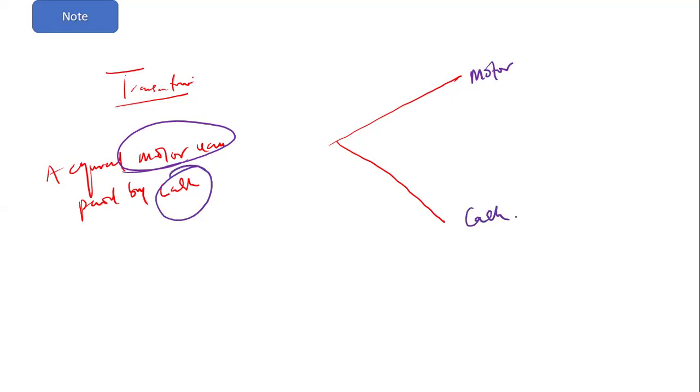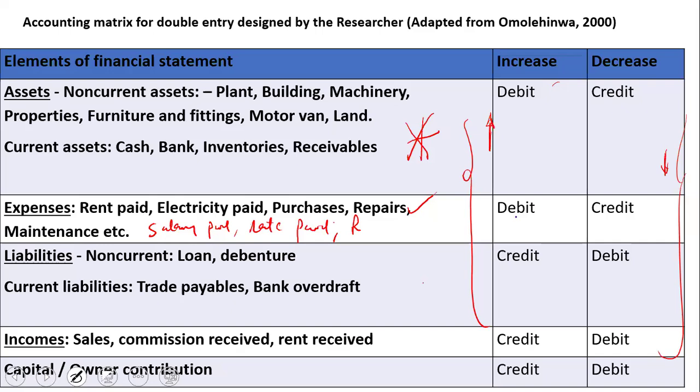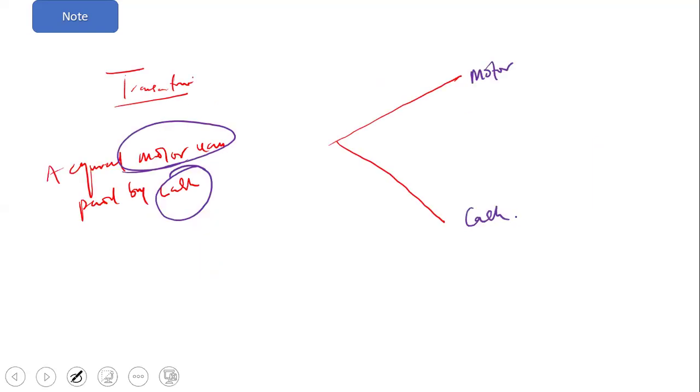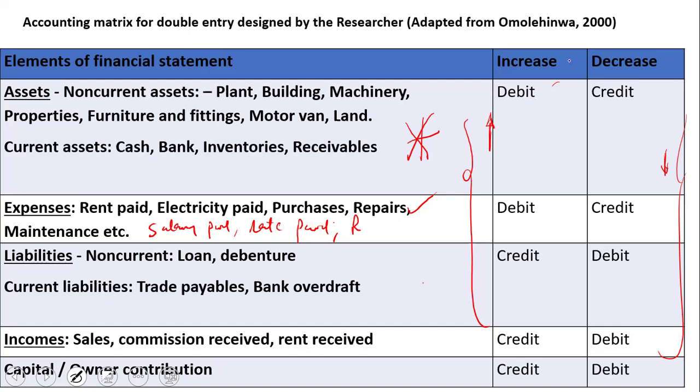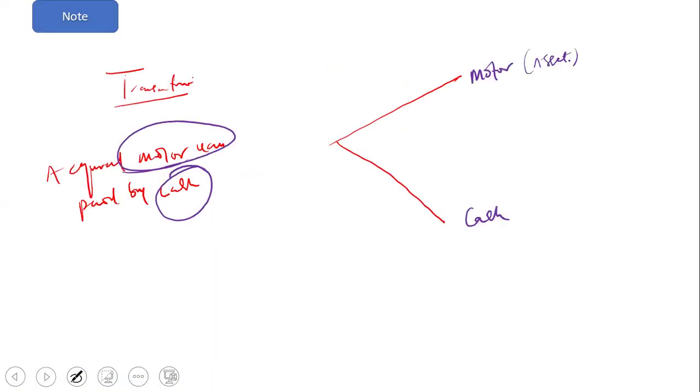So we have broken this into two. Now the first thing we need to do is go back to the matrix that we have. Motor van is an example of what? Assets. So we have that as an asset. Cash is also an example of assets. So we also have that as assets.